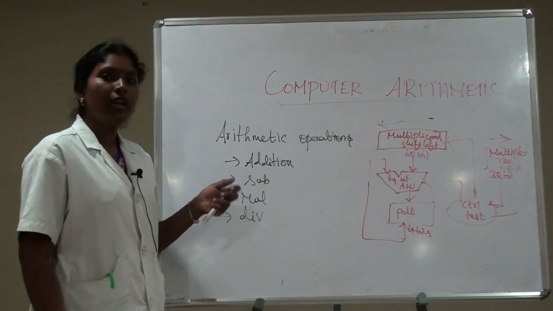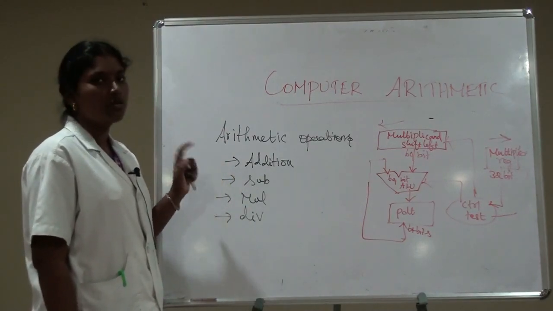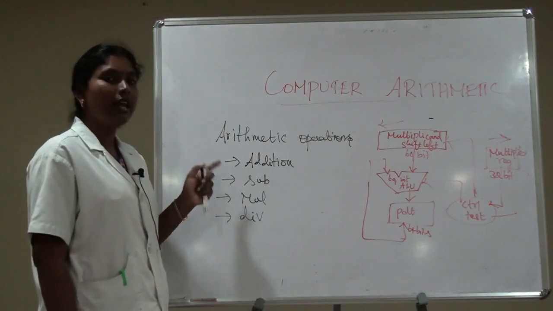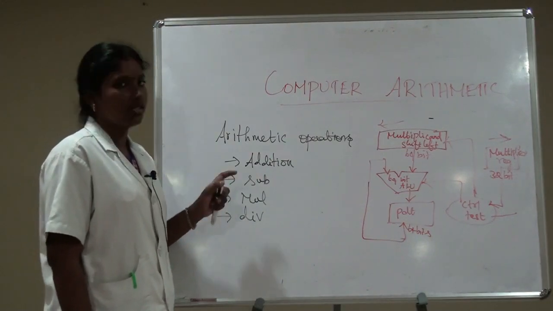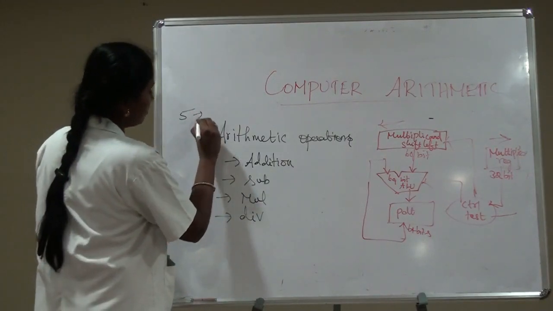Our system can only understand machine level language. It is only in binary form, a representation of zeros and ones. So we have to convert any data into a binary represented format. For example, 5 is a decimal number representation.